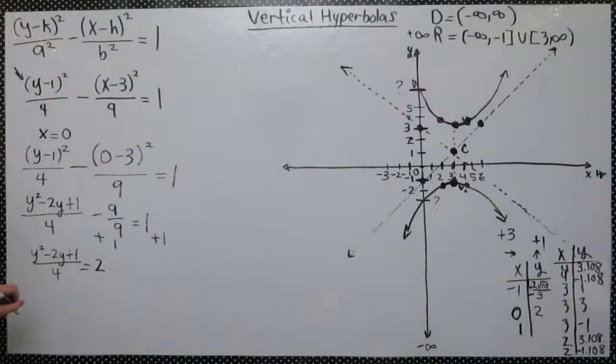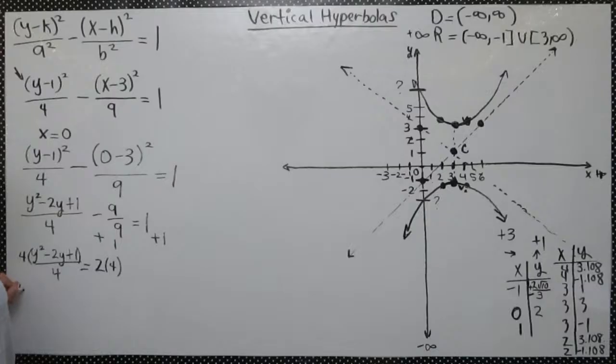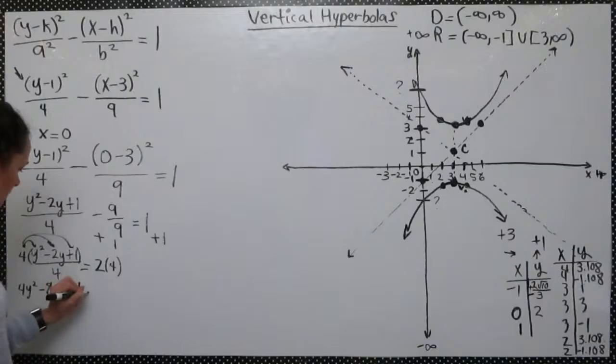To get rid of this 4 in the denominator, we have to multiply both sides by the quantity 4. It gives me 4y squared, and all we're doing is taking that 4 and distributing it across each term. So 4y squared minus 8y, since 4 times negative 2 is negative 8, and then 4 times 1 is plus 4, and that equals 8.